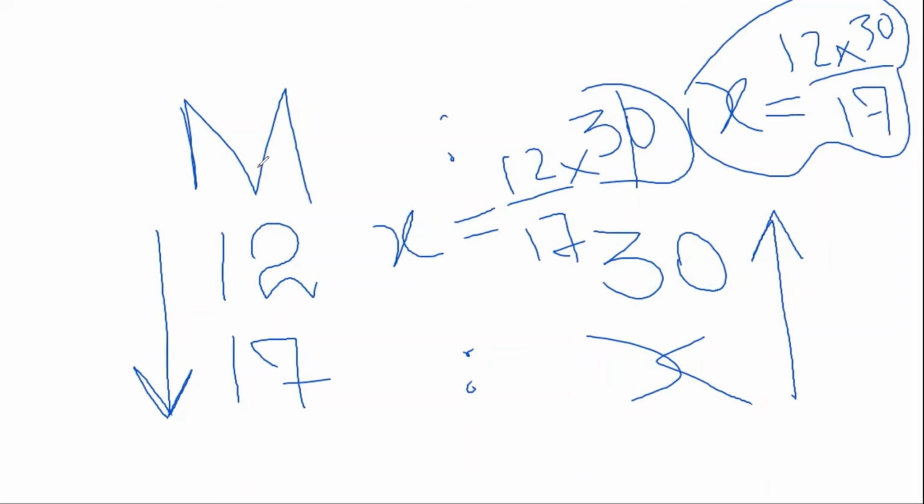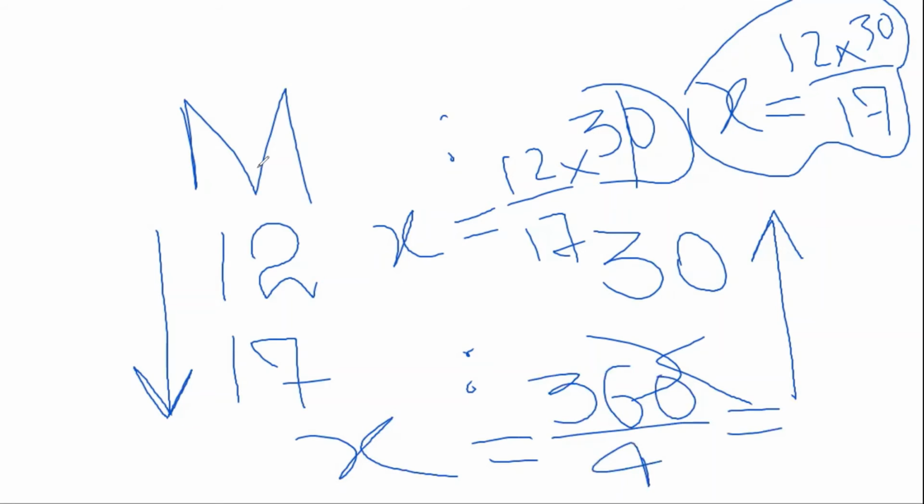I don't have a calculator, but no problem. It's 12 into 30, 360, over 17. So 360 over 17. We can say 40 something, 39 point something. I'm not sure, but I'm just making a guess.